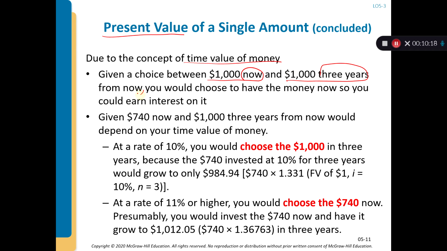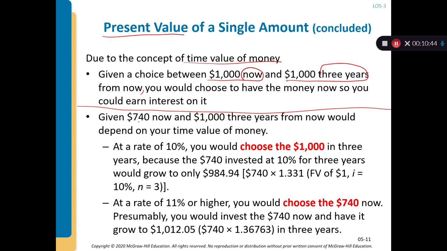Okay, now since you hear this 10 minutes later, I hope you choose $1,000 now, right? Because with $1,000 now, you can earn interest on it. But if you get $1,000 in the future, that means the present value of $1,000 in the future must be less than $1,000, right?